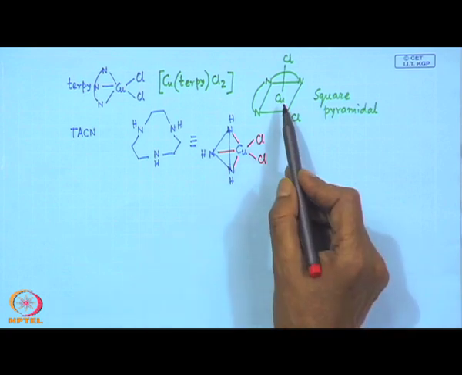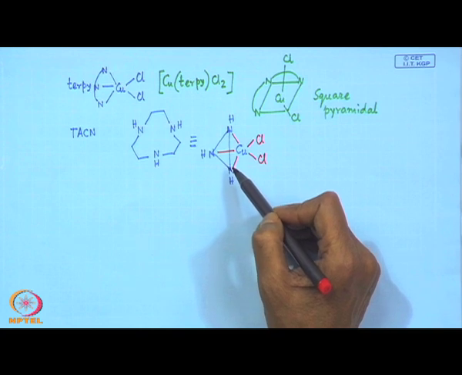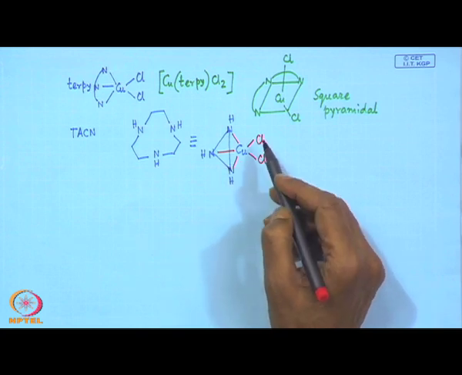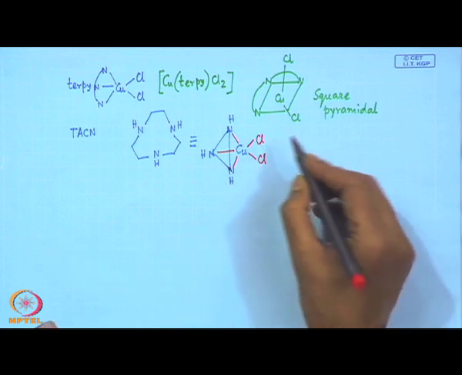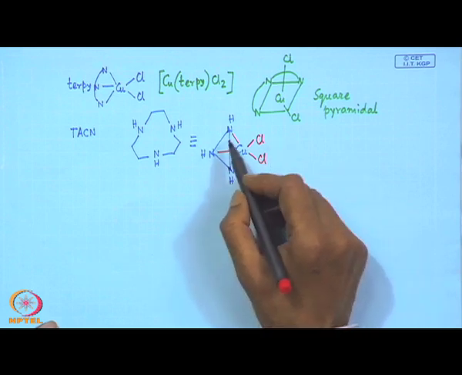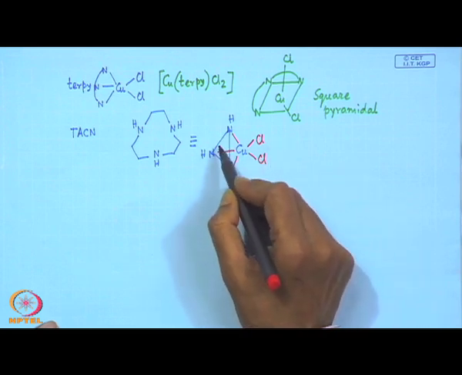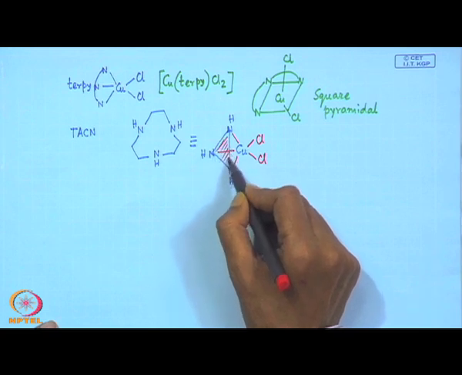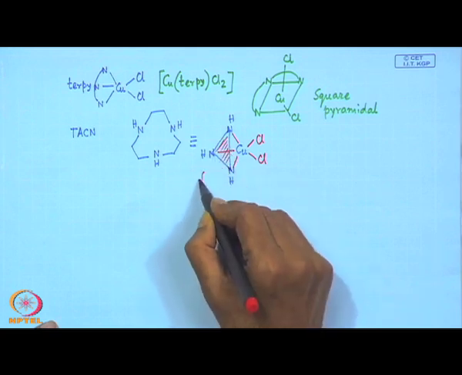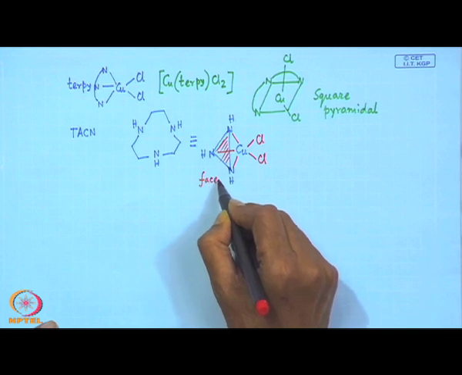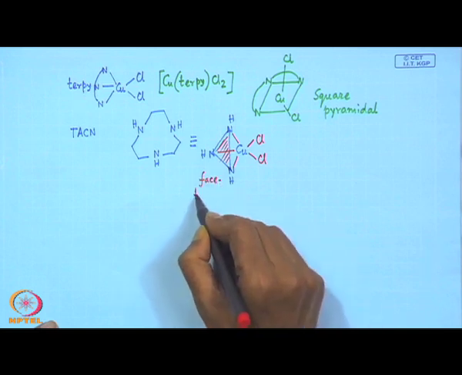So, the geometry of this molecule is completely different to that of this one, and is a very useful molecule for showing the corresponding phosphoesterase activity. So, this particular one is basically a face it is occupying, which is trigonal.